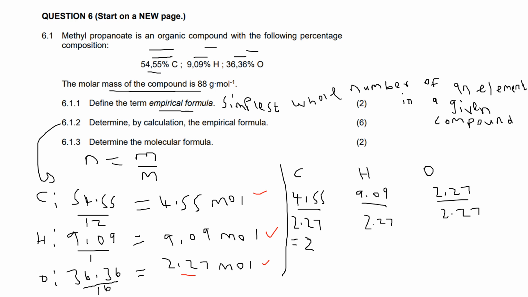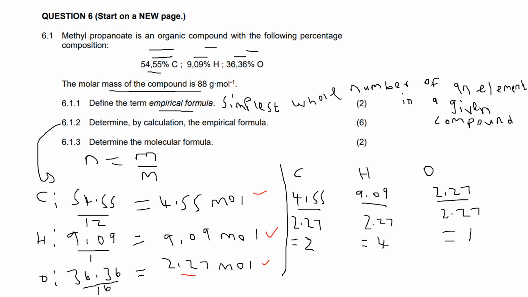Then 9,09 divided by 2,27 is giving me 4,00, which will just come back as 4 as well. And then same number over same number, we know that will come back as 1. In maths, whenever you divide the same number, it just comes back as 1.